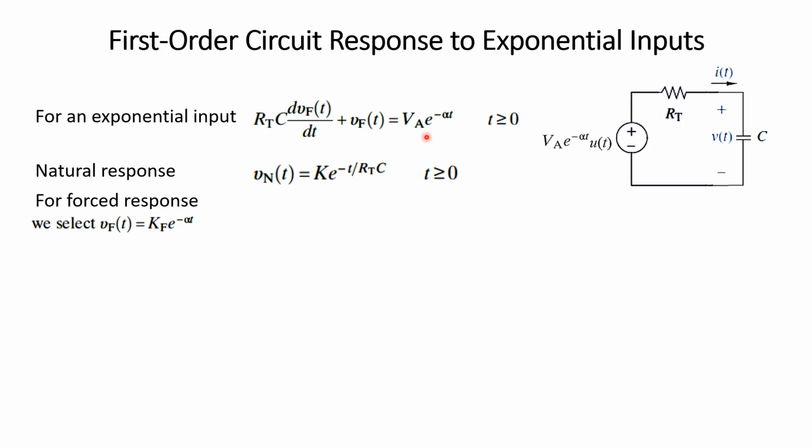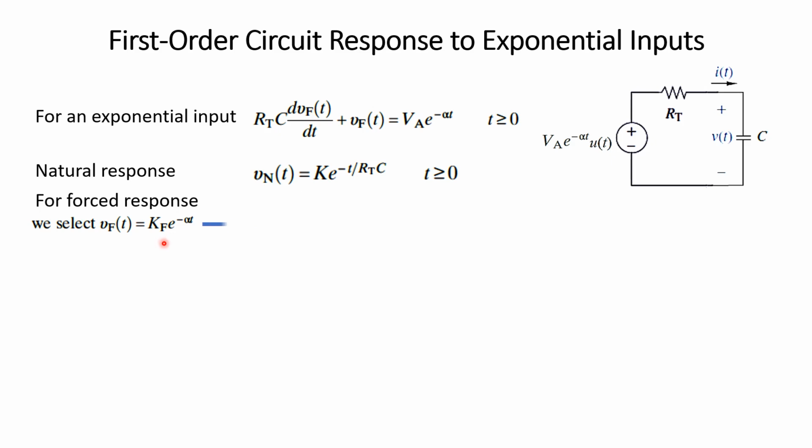Because the forcing function is exponential, we select the forced response as another exponential. In this exponential form, this alpha will be the same as the alpha in the forcing function.